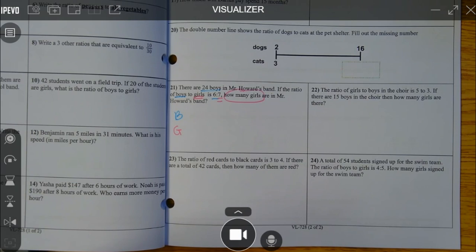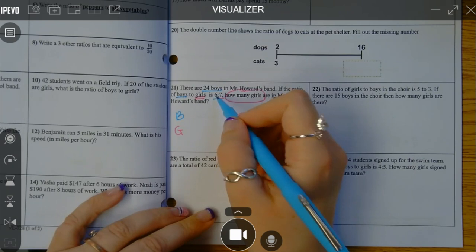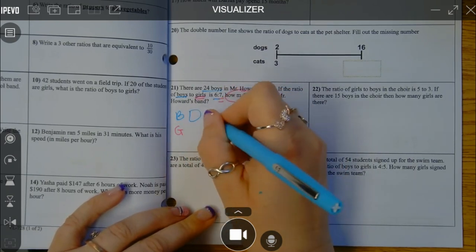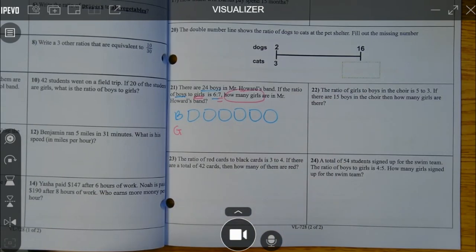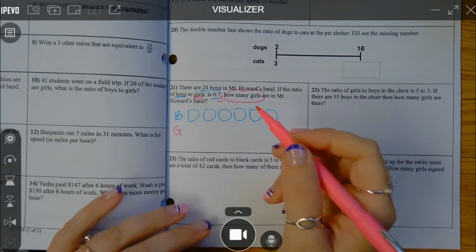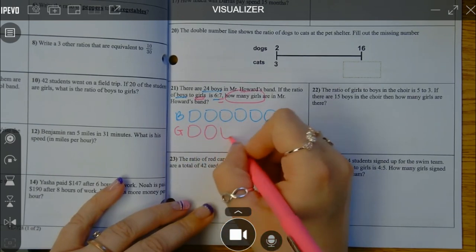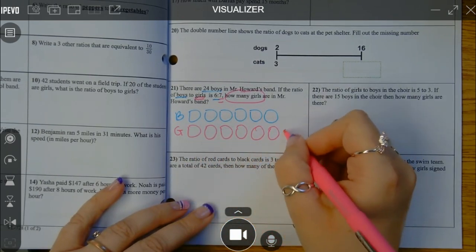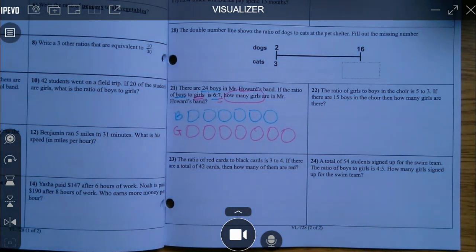How many boxes should I draw to represent the number of boys? Yeah, you should have drawn 6 boxes because it's boys to girls, so the first number is talking about the number of boys. So 1, 2, 3, 4, 5, 6 boxes for boys. And then 7 is talking about the number of girls, so I'm going to do 1, 2, 3, 4, 5, 6, 7 boxes to represent the number of girls.